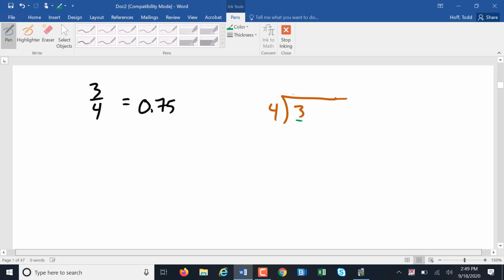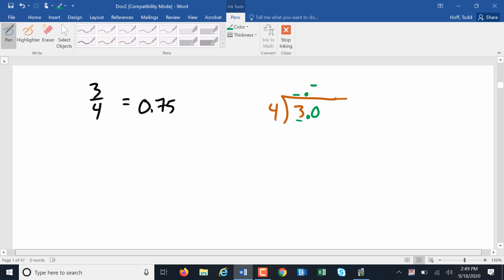Well, 4 doesn't go into 3, so we've either got to leave it blank there or put in a 0. And since there's nothing left, I have to put in a decimal point. We'll bring that decimal point up. The reason I have to put in the decimal point is I can only add zeros to a number after the decimal point. So I put in the decimal point so I can add a 0.